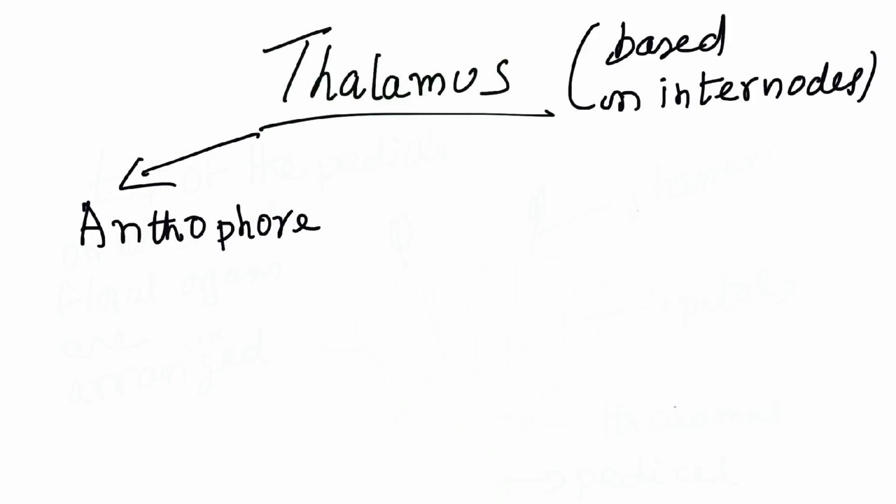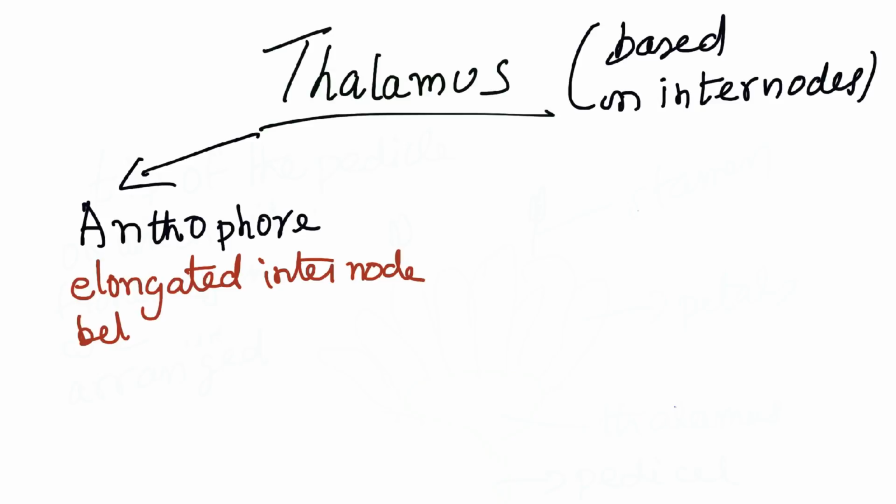The first one is Anthopore. So what exactly is Anthopore? Anthopore is an elongated internode between the calyx and corolla. So note the point, Anthopore is a thalamus modification.